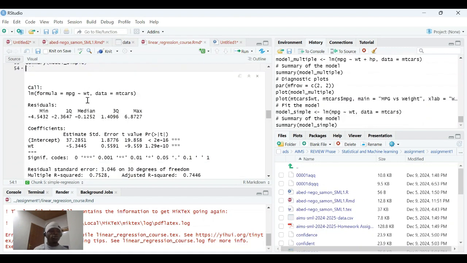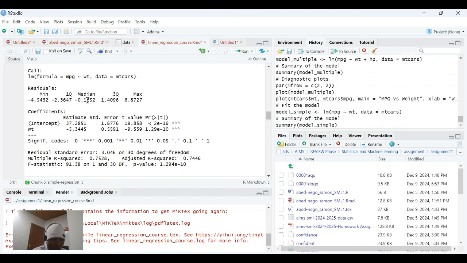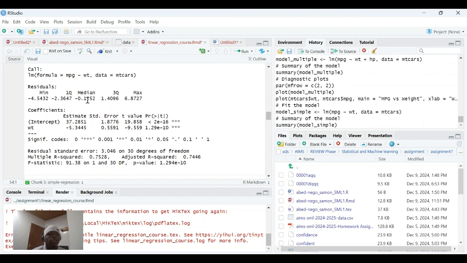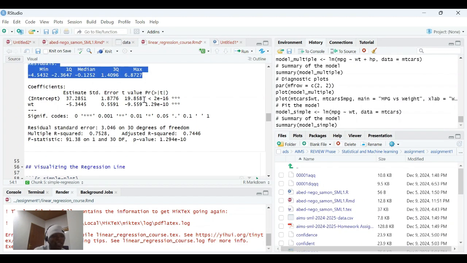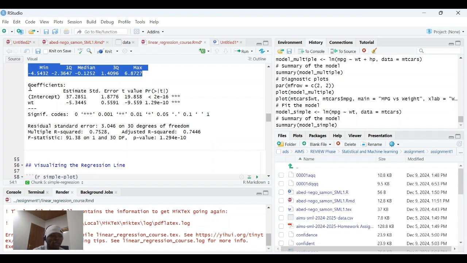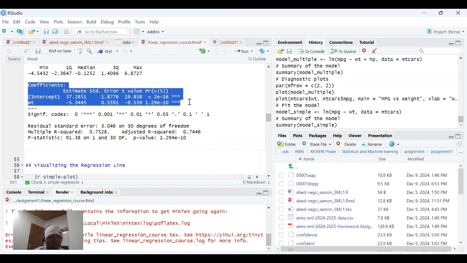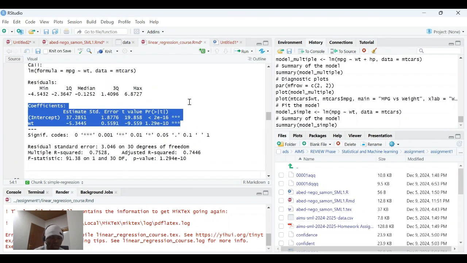What is the output? Okay, this is the output. You can see here we have information about the residuals. We will talk about this one later, but let's focus on these coefficients. So then we see how the weight explains the MPG, our y, which is MPG.